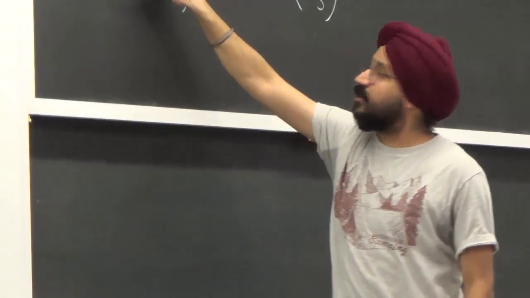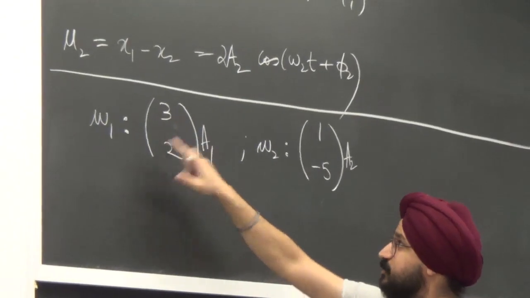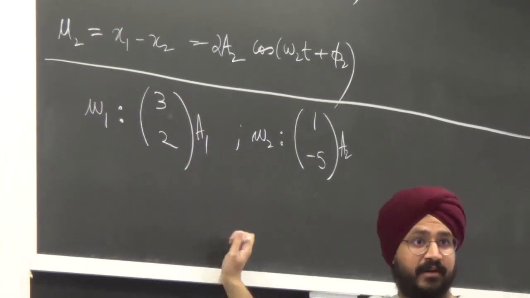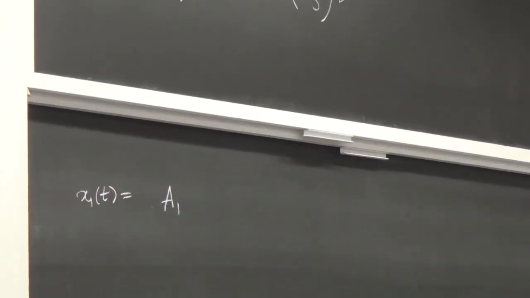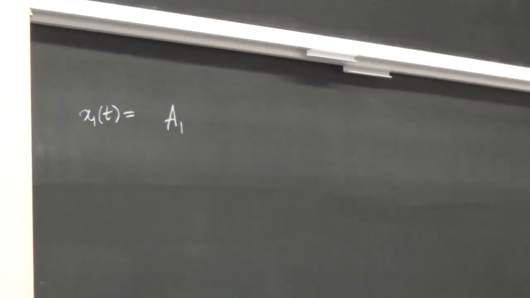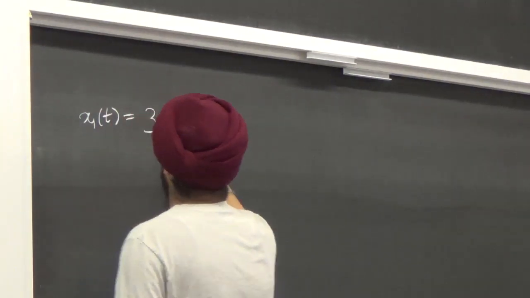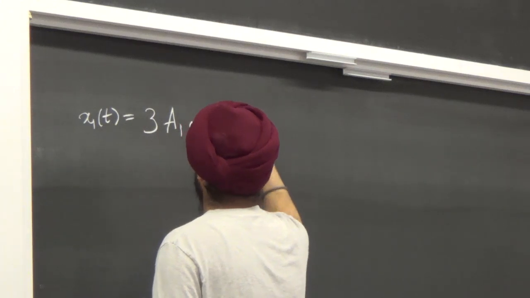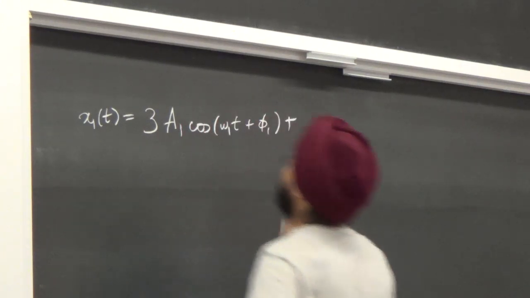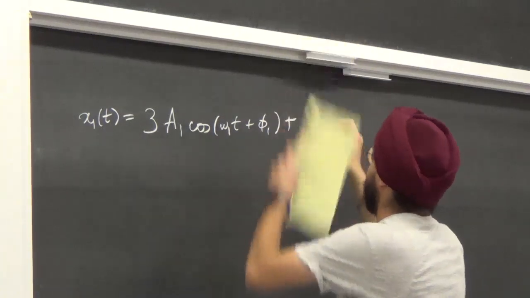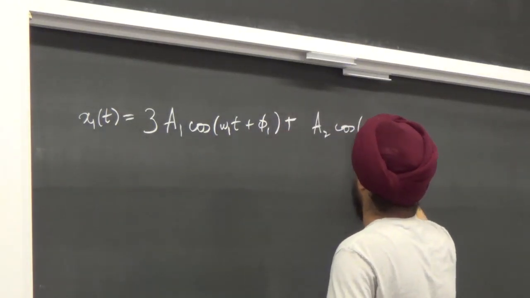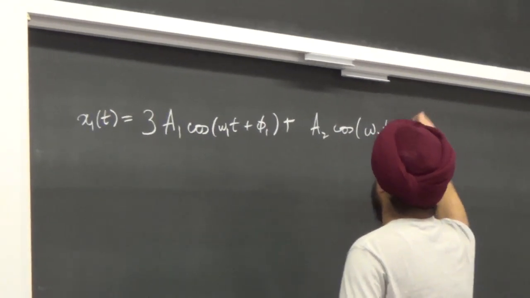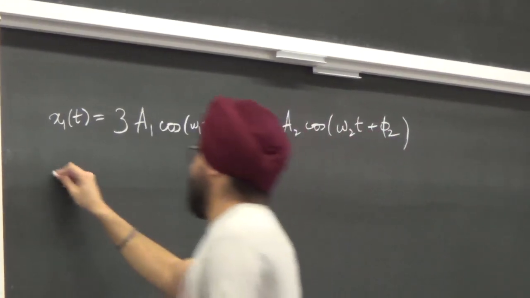Because this is the first part of the first normal mode, has a frequency omega 1. It has a 3A1. Just like I had 1A1 here, I have 3A1 cosine omega 1t plus phi 1 plus, what's the other one? 1A2 cosine omega 2t plus phi 2. I hope I got my 1s and 2s correct.